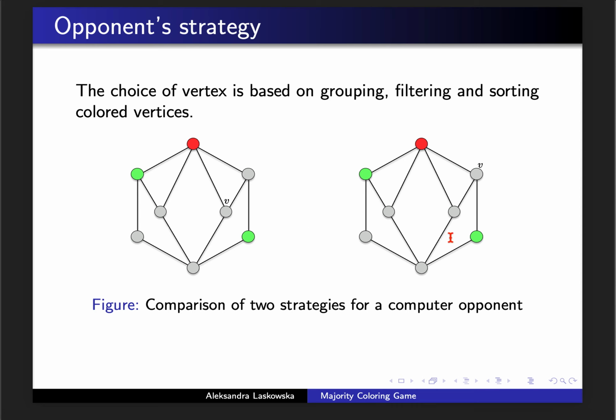However, this algorithm was implemented, the simpler one, and the reason is just that in case of this strategy, it wouldn't be possible to win and to majority color a graph on level 2 already.